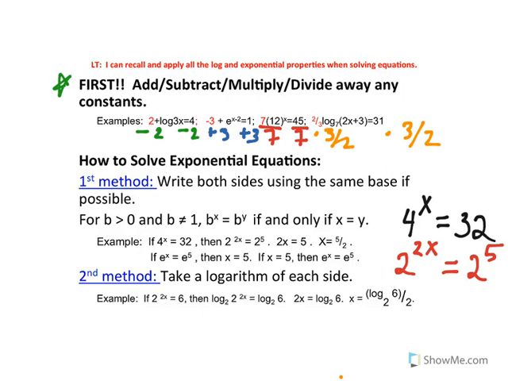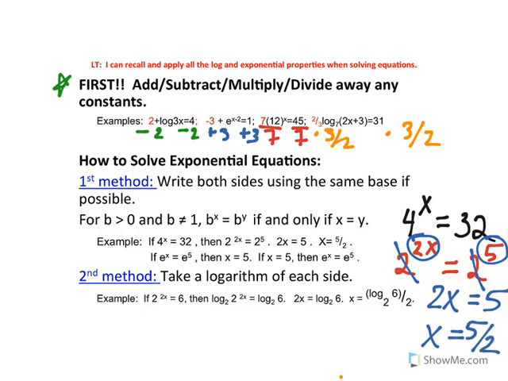When I have an exponential equation where each side has the same base, I can drop the base and what's left is equal. So 2x equals 5. There's where my answer is coming from, and I've solved the equation.